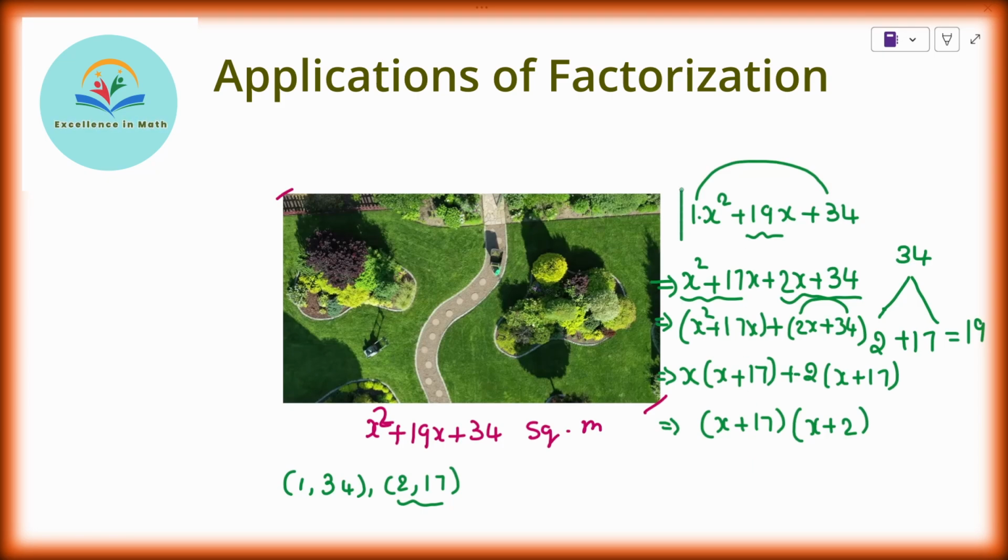See, now the given area of the rectangular plot of land is expressed as its irreducible factors. They are the dimensions of that particular rectangle. So with the dimensions of x plus 17 meters and x plus 2 meters, we can easily fence the rectangular park.